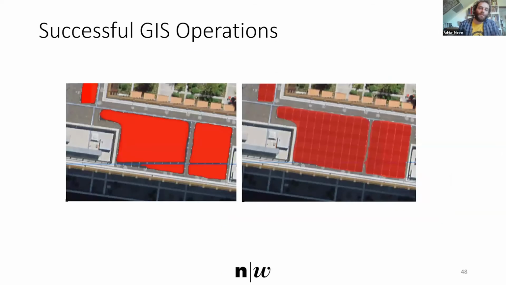And together with some edge smoothing and filling operations in GIS, or for example, taking the rounding of edges off and making it more rectangular, because this is the general shape of solar panels, we arrive at better masks.